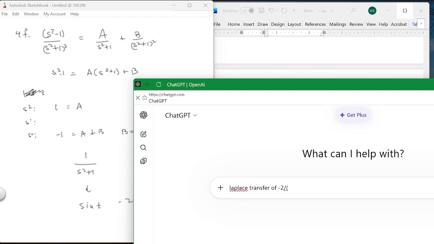I don't know how to do a squared. Let's say s squared, just do the up arrow and then a 2. Up arrow and then a 2? Okay. Yeah.